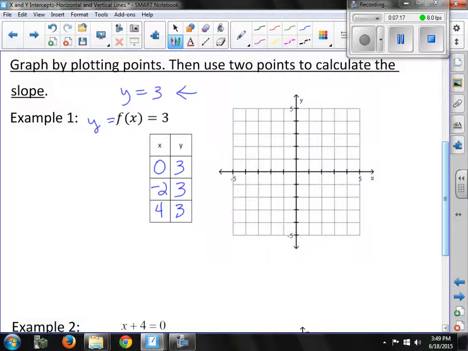Y is never going to change. Okay, so let's plot our points. X is 0, y is 3. X is negative 2, y is 3. X is 4, y is 3. Okay, there's a graph of my line. That is a horizontal line.